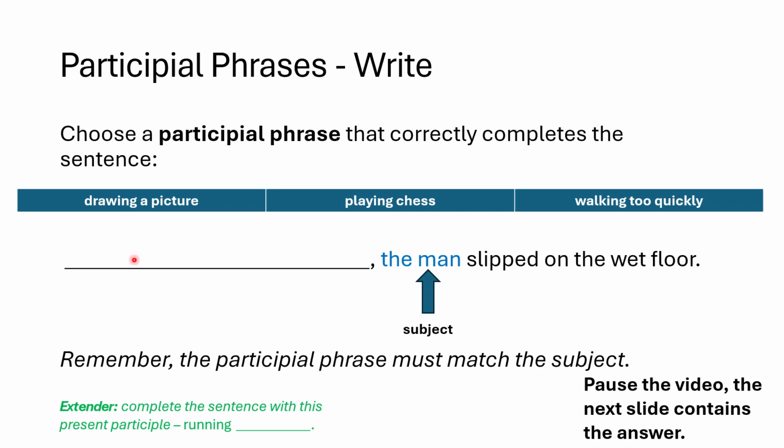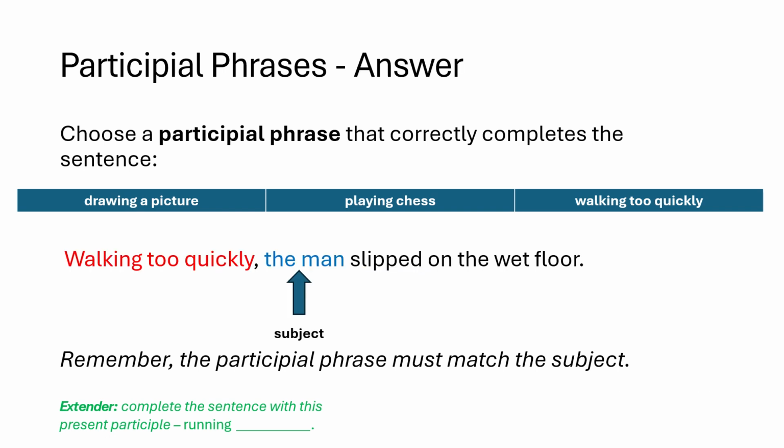Remember, the participial phrase must match the subject. Here is the extender. Complete the sentence with this present participle. Running. Pause the video. The next slide contains the answer. Check your answer. Walking too quickly, the man slipped on the wet floor.